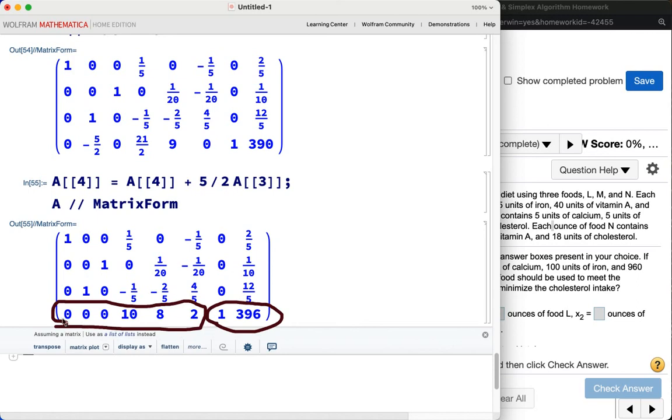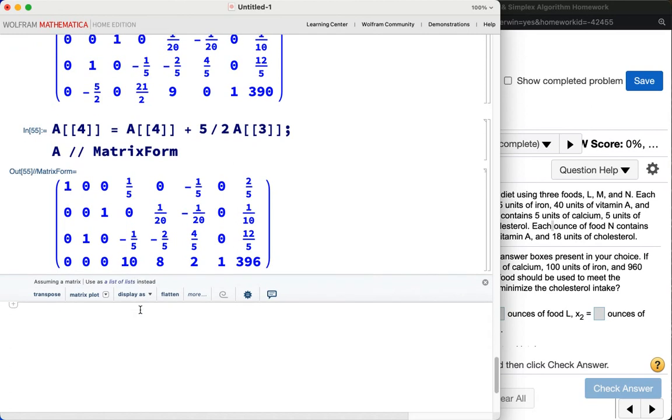I don't see any negative numbers. Everything is 0 or positive, which means that we don't have to repeat the algorithm.